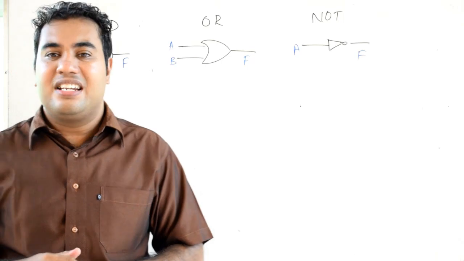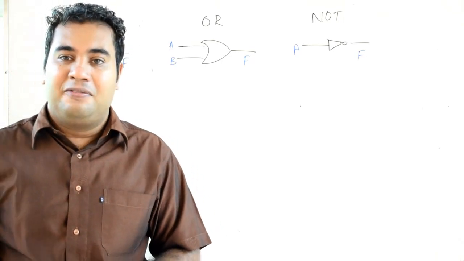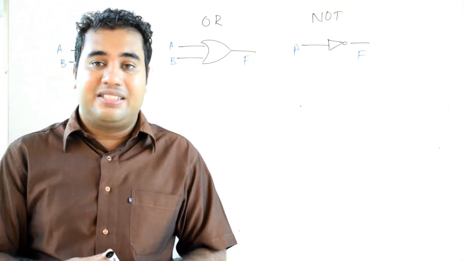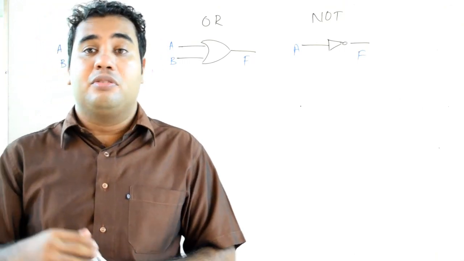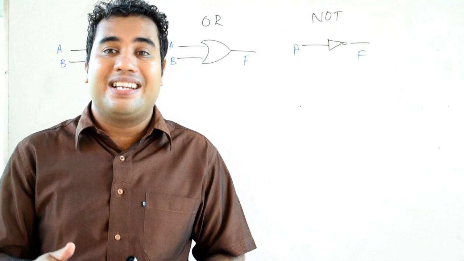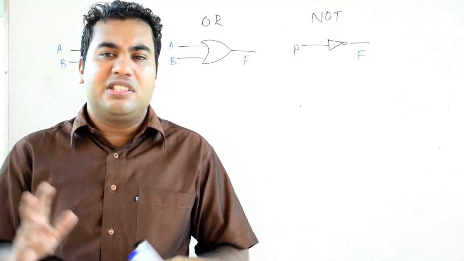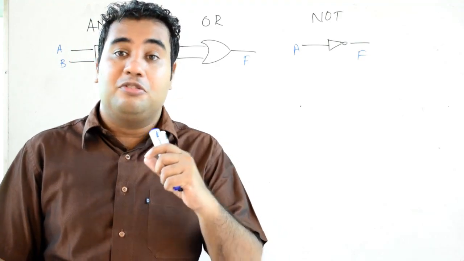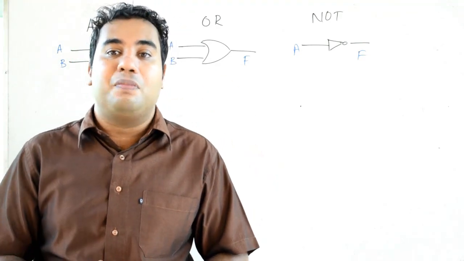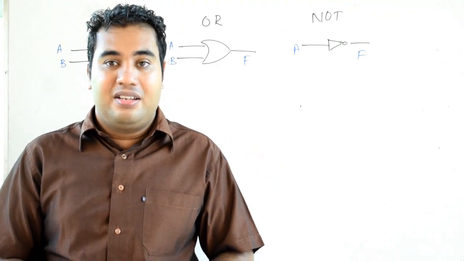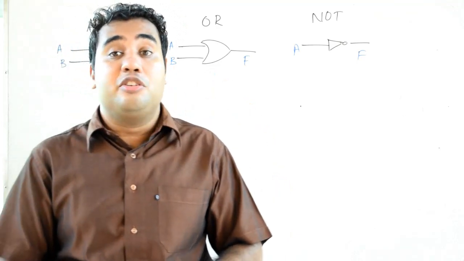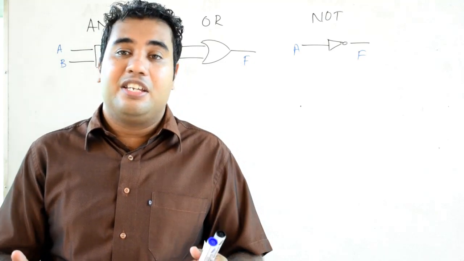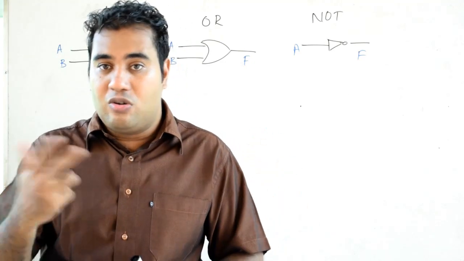So what are these AND or OR gates? First, let's see the meaning of the word AND. Let's take an example. You say to a person that you need a pen and a pencil. What does that mean? That means you need both of them. You need the pen and you need the pencil as well. But if you say that you need a pen or a pencil, that means you need at least a pen or a pencil.